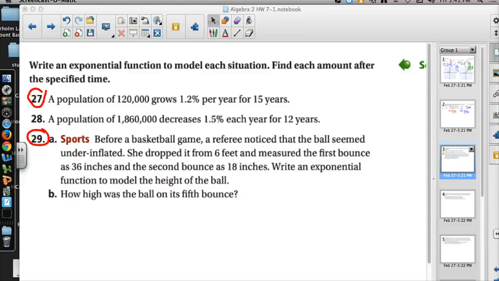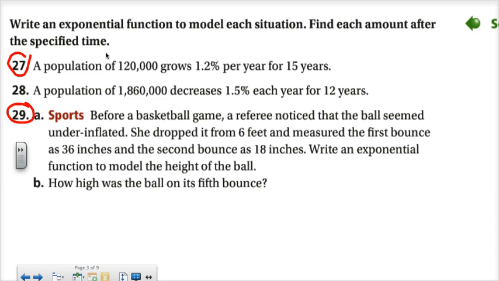Next problem is number 27, which is write an exponential function to model each situation and find each amount after the specified time. We've got a population of 120,000 that grows 1.2% each year. So I need to go ahead and change that into a decimal if I'm going to use that in any math formula. And it says it's going to happen for 15 years.